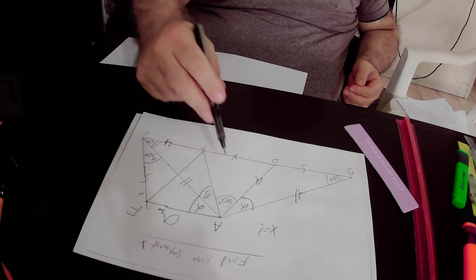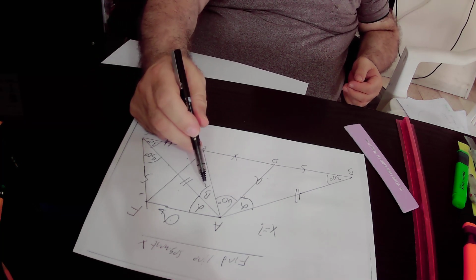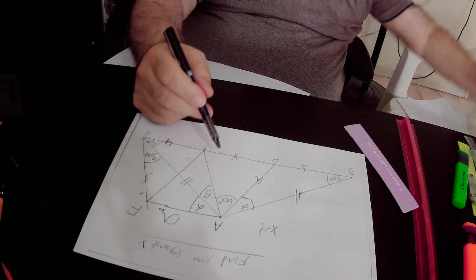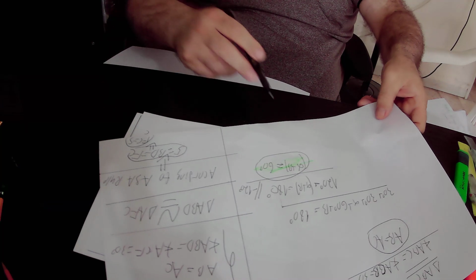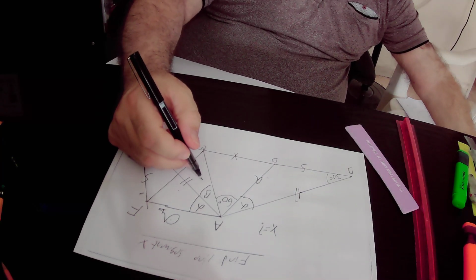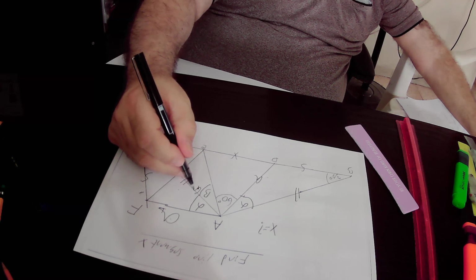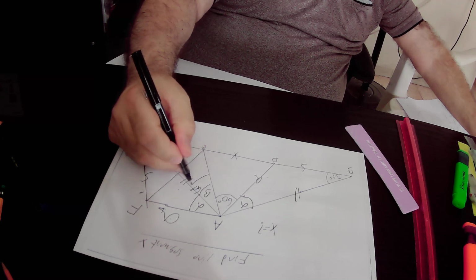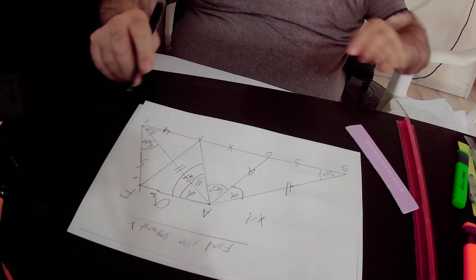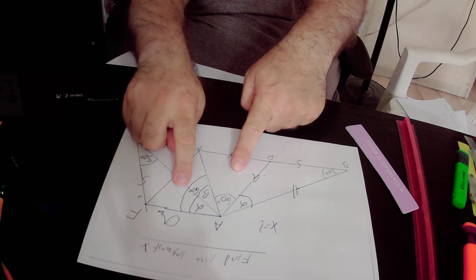In triangle EAF, this angle equals alpha plus beta, but we have already found out that alpha plus beta equals 60 degrees, so we can write here that this angle equals 60 degrees. Okay, in the next step, we will prove that those two triangles can go into each other.